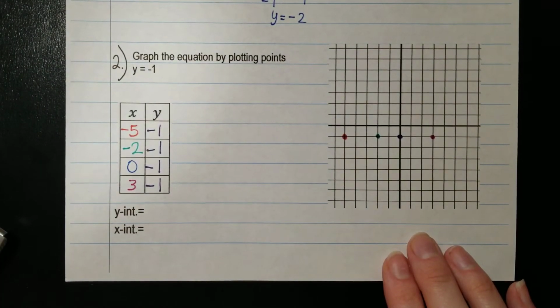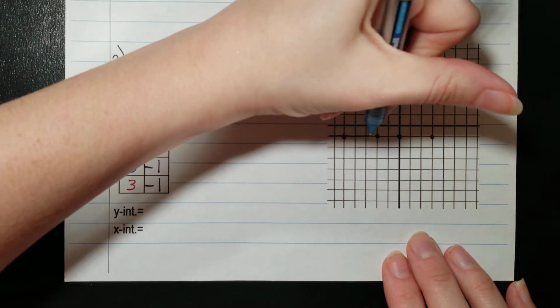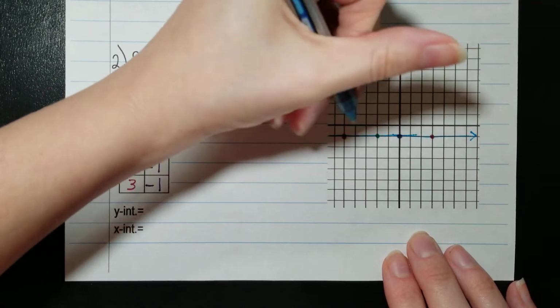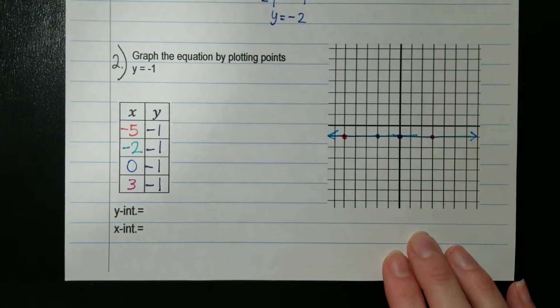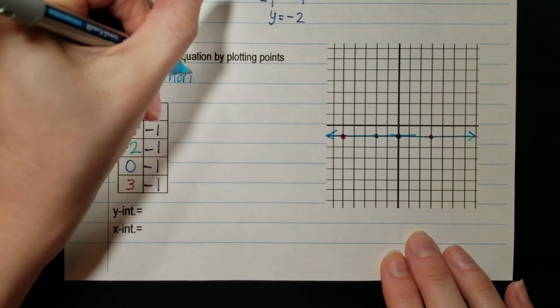All right, and then I will go ahead and draw the line through the points and beyond. Okay. So that is a horizontal line.